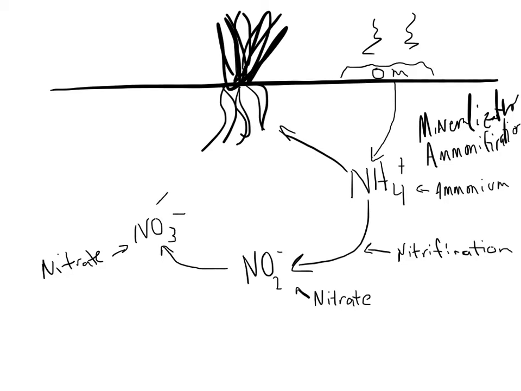Now, nitrate is one of the other forms that is directly able to be taken up by plants. Okay, so this process here, call it plant uptake. Plant uptake. Okay, so we've got plants that are able to use either ammonium or nitrate as a source of nitrogen.